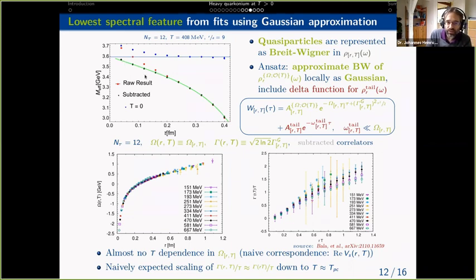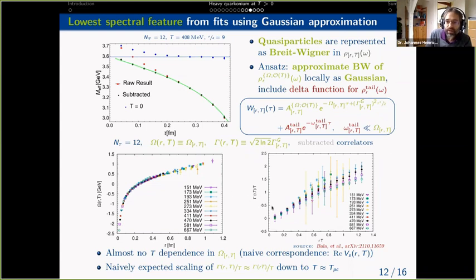The green curve is the fit, and if you repeat this for all temperatures and for all distances, you get the lowest feature of the spectral function that looks like this. You see that for temperatures of 150 to 670 MeV, there is practically no temperature dependence, and within uncertainty it is essentially the zero temperature result for the static energy or for the potential.